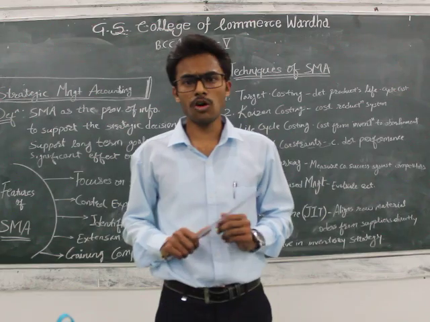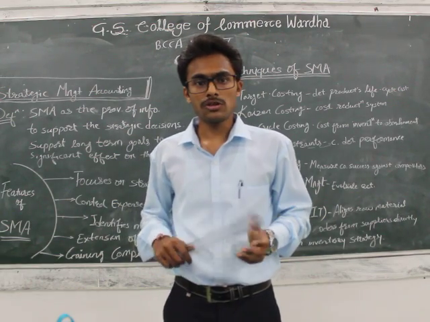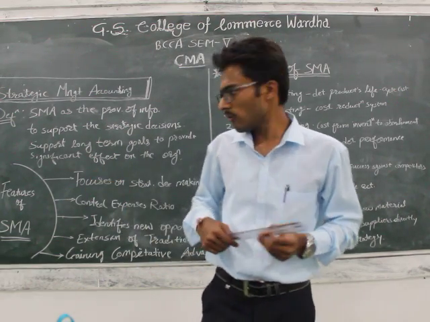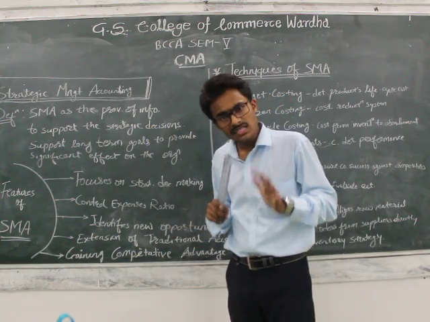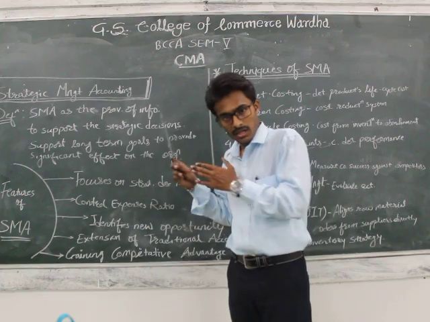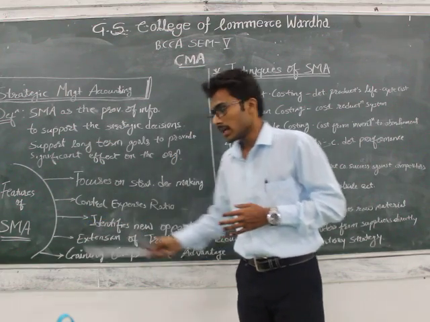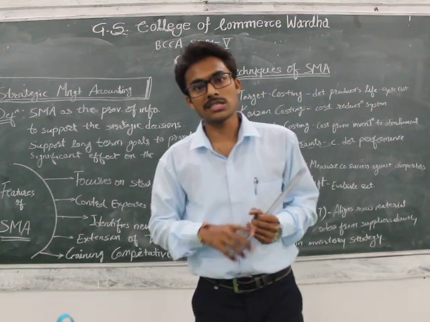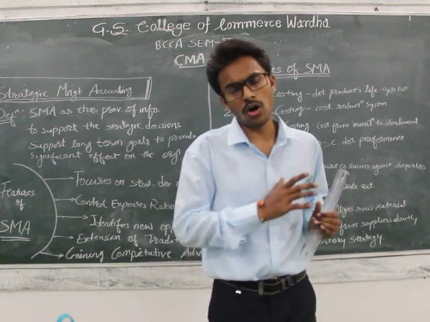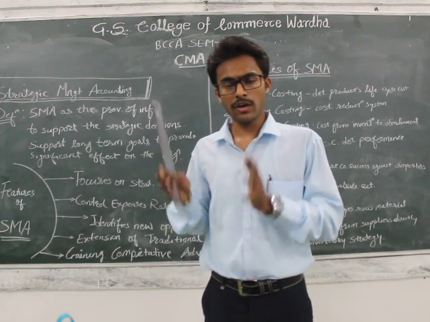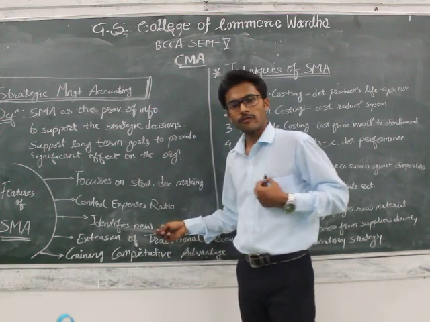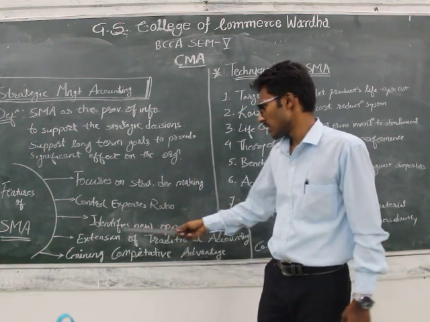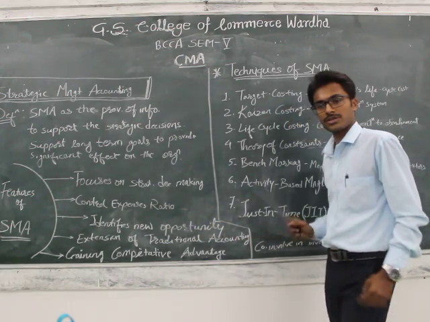These analyses can be done with the help of SMA. Hence, by analyzing the expenses ratio provided by SMA, it can control expenses to reduce the cost of various projects.